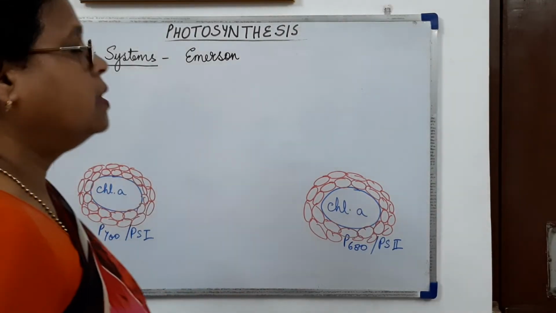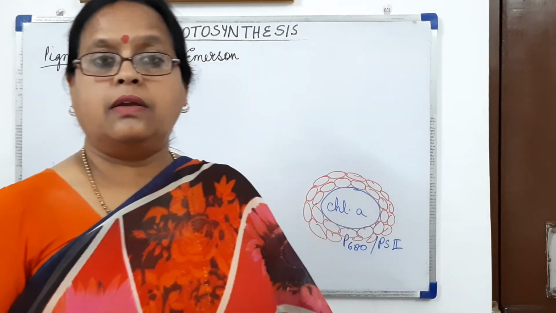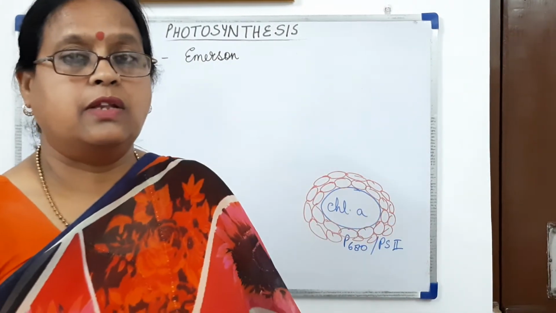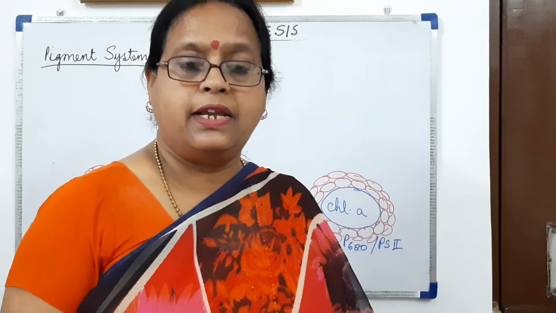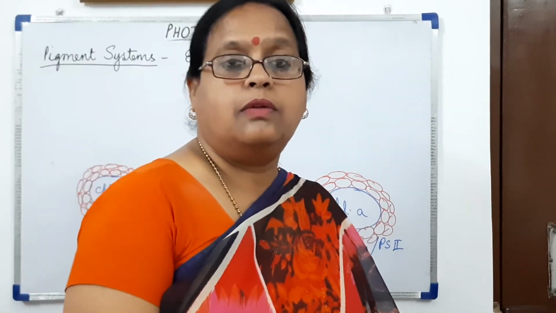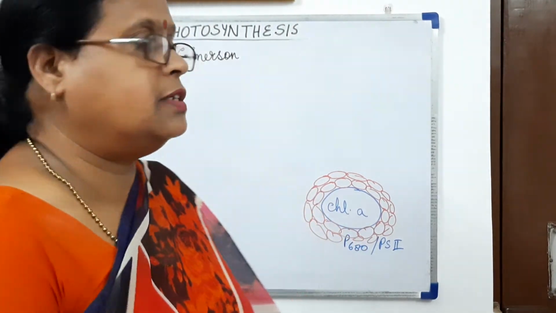Now pigment systems are there which are responsible for the process of light reaction, or we can also say photophosphorylation of the process of photosynthesis.